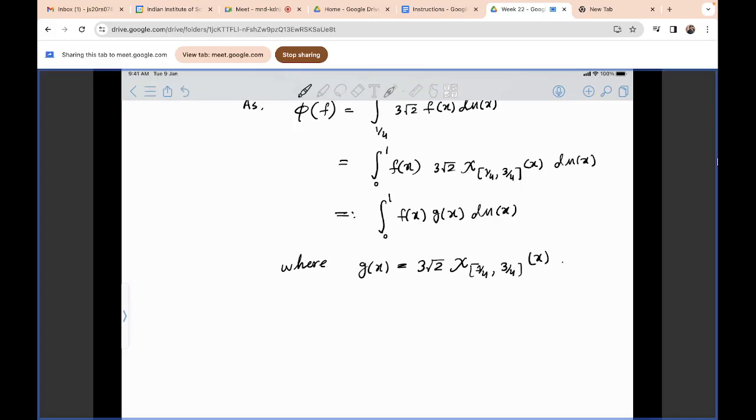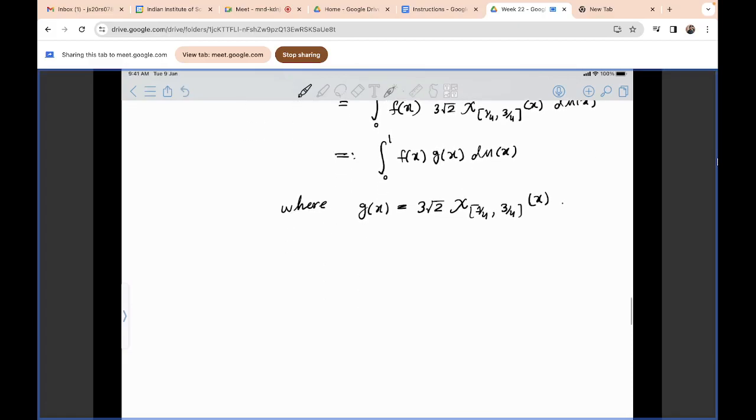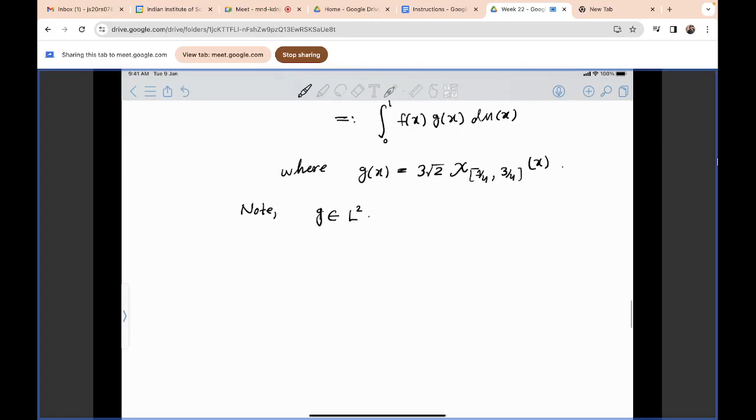Okay. So first note that g is in L2[0,1]. Why? Let's calculate the L2 norm of g.